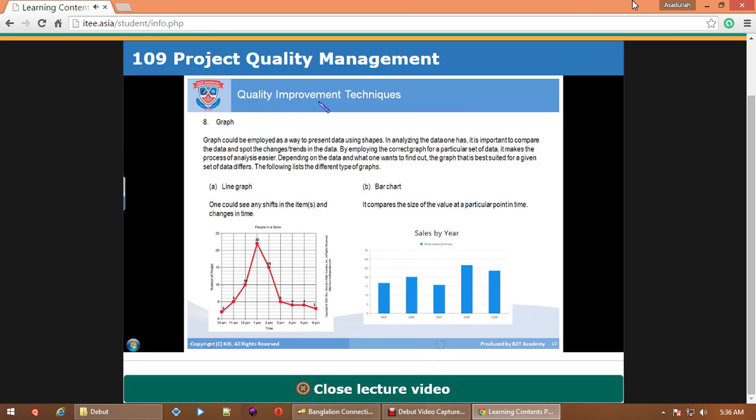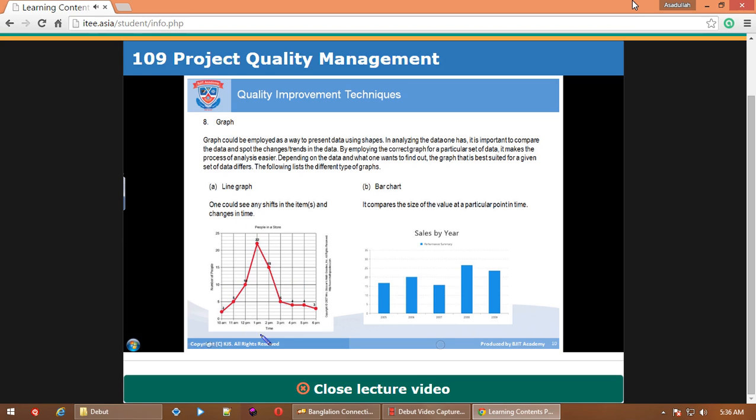Another quality improvement technique is plotting graphs. There are many kinds of graphs we can plot. For example, a line graph like this, where we can see any shifts in the items and changes in time.